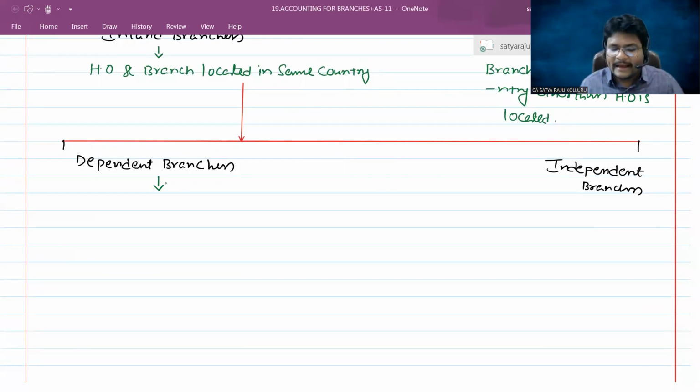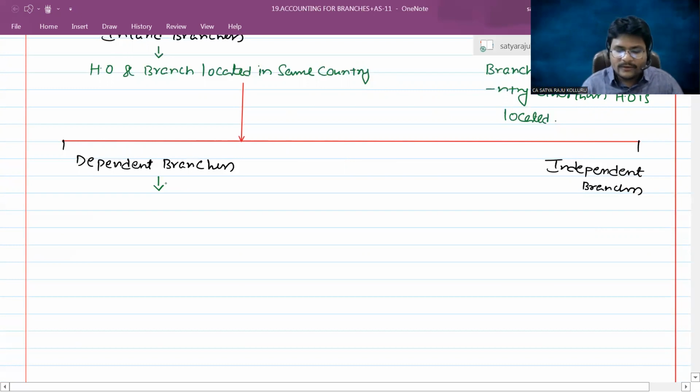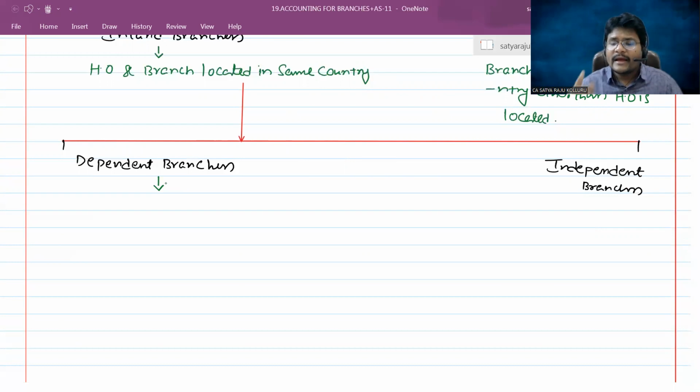To speak technically, in a dependent branch, the branch books are maintained by the head office only. First I will tell you the technical definition directly, then I will tell you the layman approach.